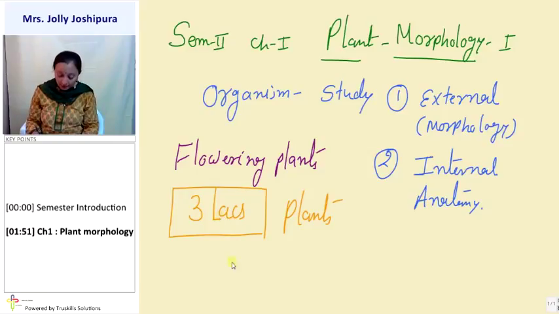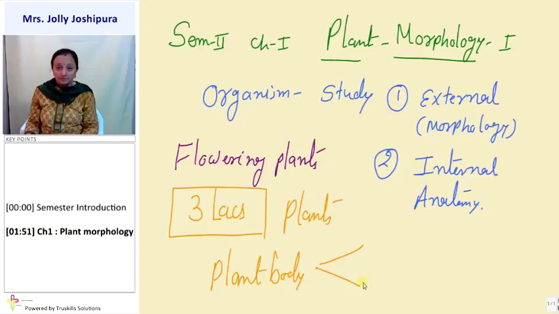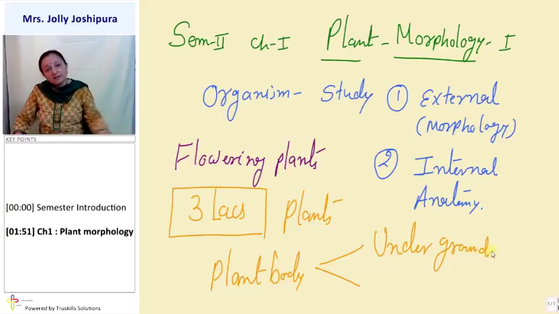Now when we say plant body, the plant body mainly has 2 types of organs. One is the underground organ. You know the meaning very well. Underground means the part which is inside the soil, and the other is above the ground.